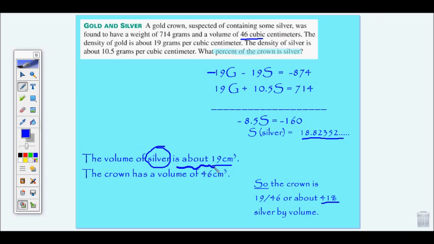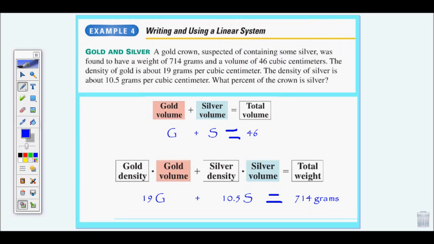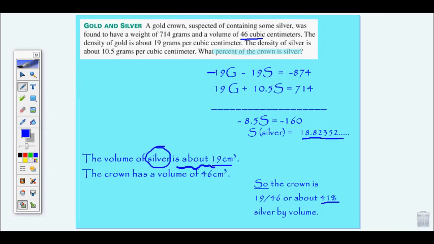If I put that back into my original equation, G plus S equals 46, I now know my S is going to be 19. The crown has a volume of 46 cubic centimeters, so 19 divided by 46 is about 41% silver. I did not need to find out the gold.